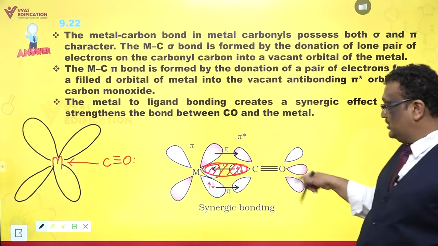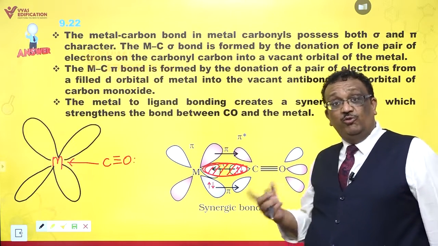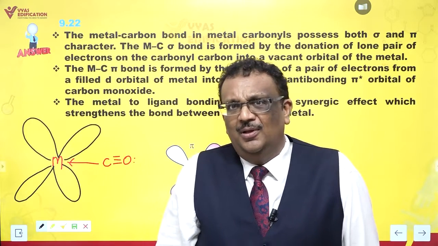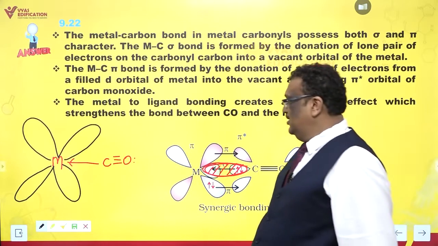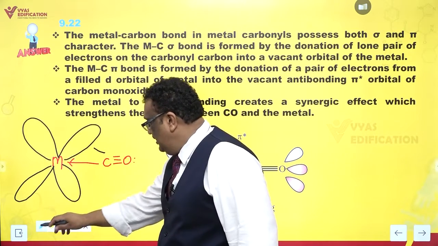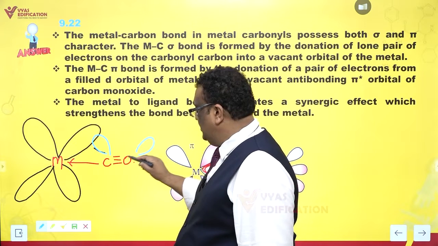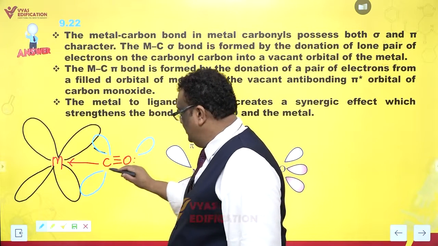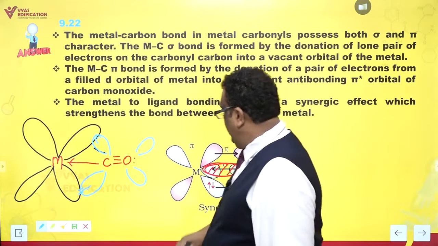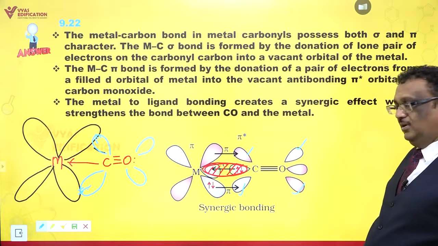And carbon monoxide, now these are bonding orbitals, fine, but there also would be certain empty anti-bonding orbitals. There always are. So let's say that carbon monoxide also has certain empty anti-bonding orbitals. See, this is one anti-bonding orbital.